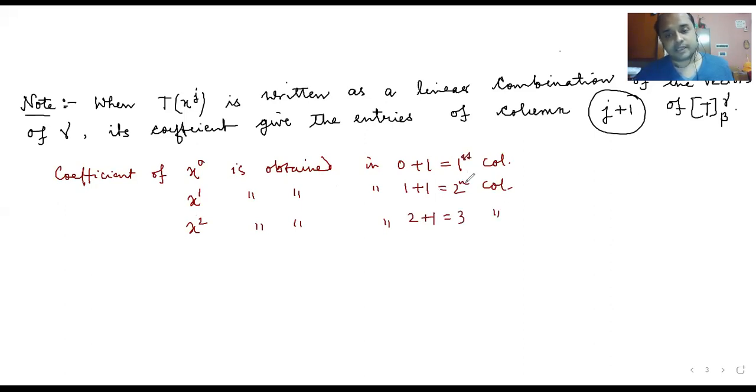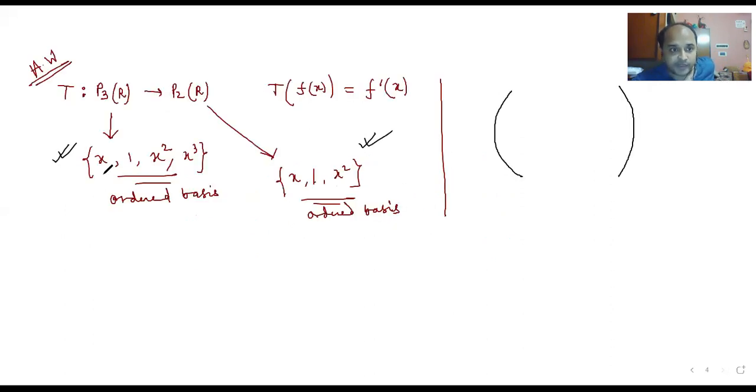And x cube is obtained in 3 plus 1, that is the fourth column. So Shomoy has already got his matrix. With respect to this ordered basis, he has got the matrix as 0, 1, 0, 0, 0, 0, 2, 0, 0, 0, 0, 3. That is the matrix.